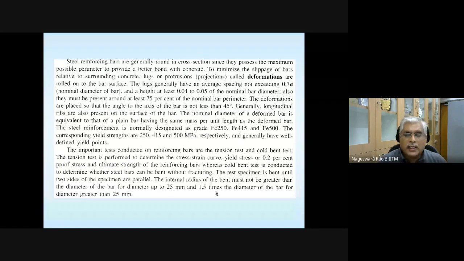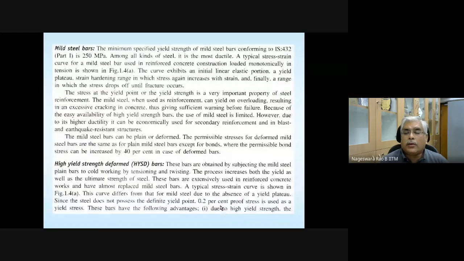Just for information, I'm going through all this, and we'll quickly go through it. For mild steel bars, the minimum specified yield strength of mild steel bars conforming to IS 432 is 250 MPa. Among all kinds of steels, it is the most ductile. This is the typical stress strain curve for mild steel bar used in reinforced concrete construction loaded monotonically in tension.